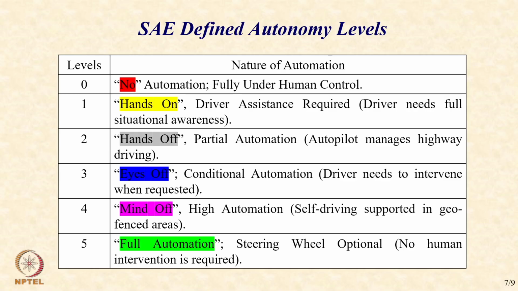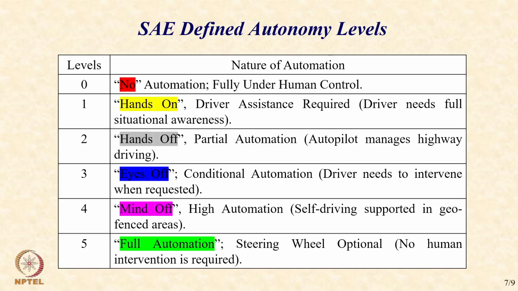The next is slightly higher level, where you say it is eyes off, meaning that now it is not necessary for the driver to keep looking at the road all the time or at the various displays on the dashboard.